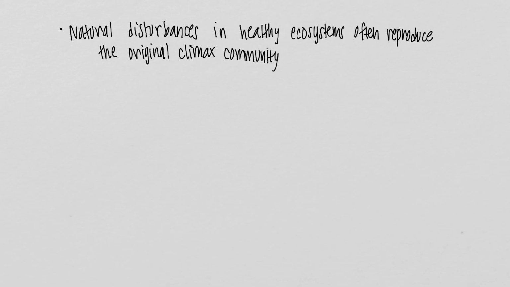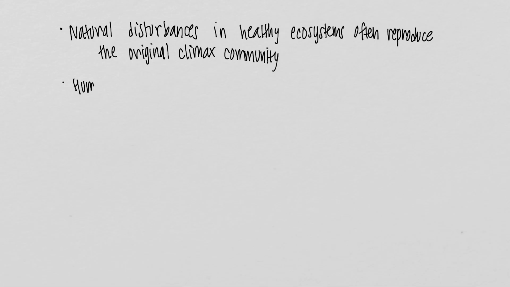So think about climax community as when the community was at its best. It had everything, right? It had the different organisms living there, the plants, the animals, and all that stuff. The community was good. Something happened, so it's trying to go back to where it was.